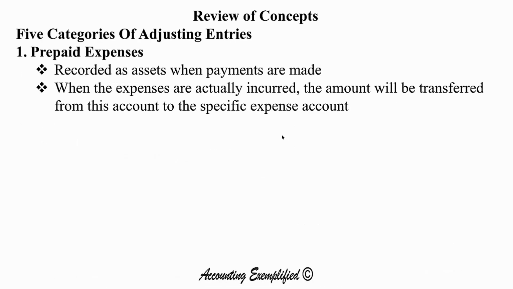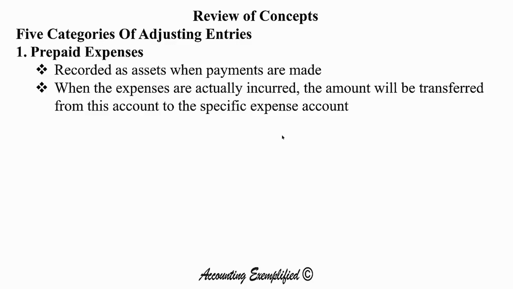Next, we go into the 5 major categories of adjusting entries. Number 1, prepaid expenses. Prepaid expenses happen when payments are made before the expenses are incurred.